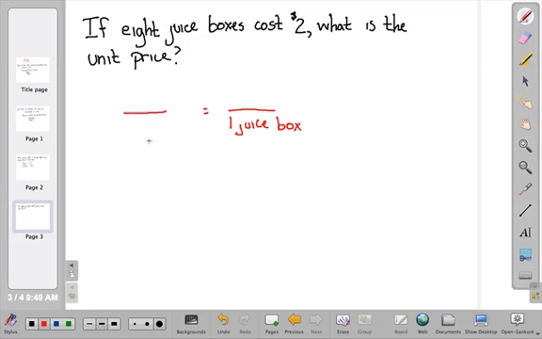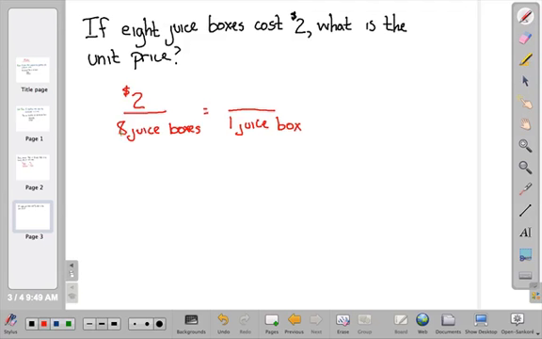So over here, I'm going to put the 8 juice boxes. That means we have juice boxes down here in the denominator, so we need the cost of the 8 juice boxes in the numerator. That's $2.